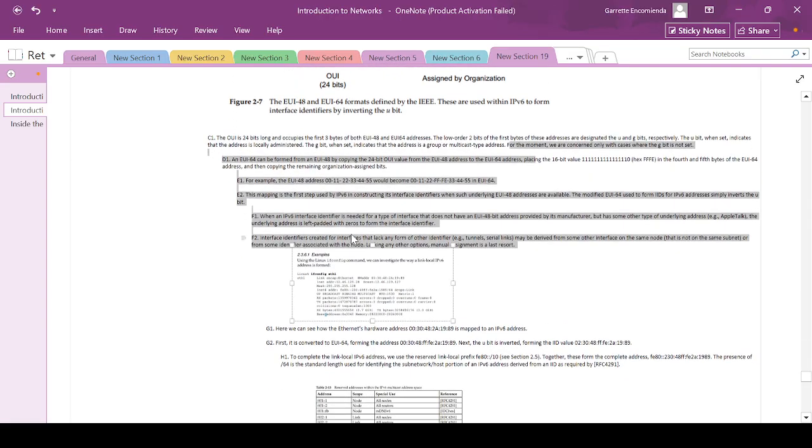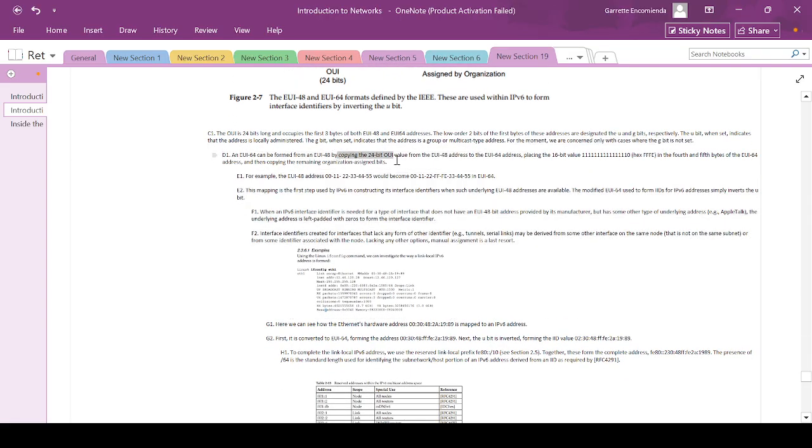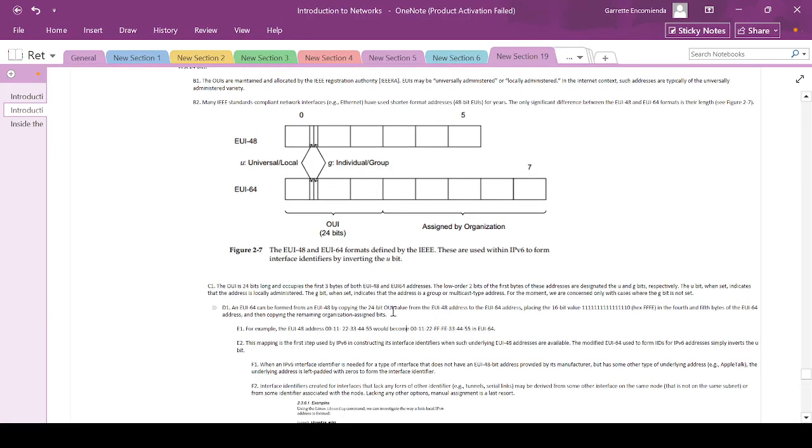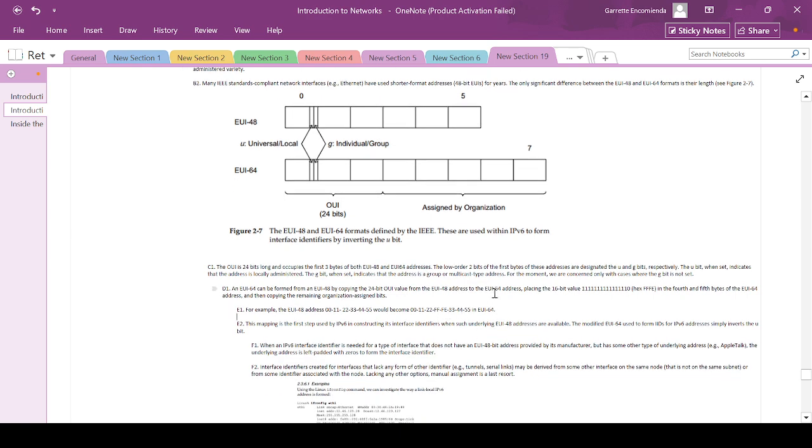An EUI-64 can be formed from an EUI-48 by copying the 24-bit OUI value, which is this, from the EUI-48 address. We just add 24 to make it 64, right?